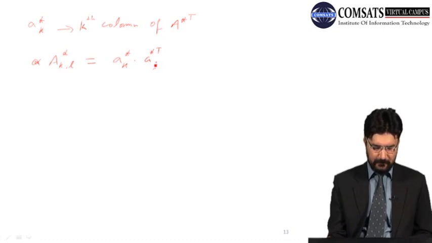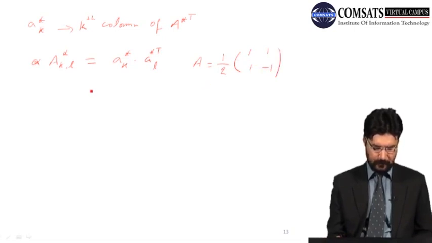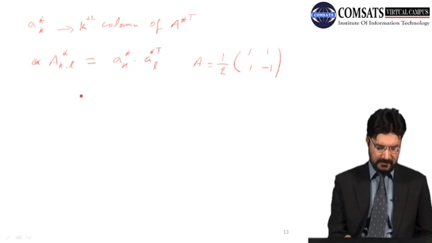We have defined the basis image in this particular example, where the transformation matrix A is given as 1 by 2 times 1 1, 1 minus 1. We can compute this basis image.